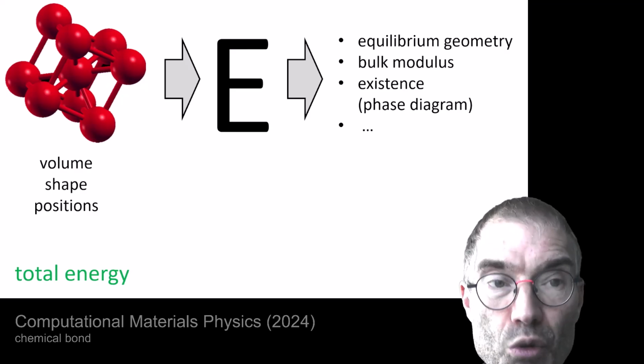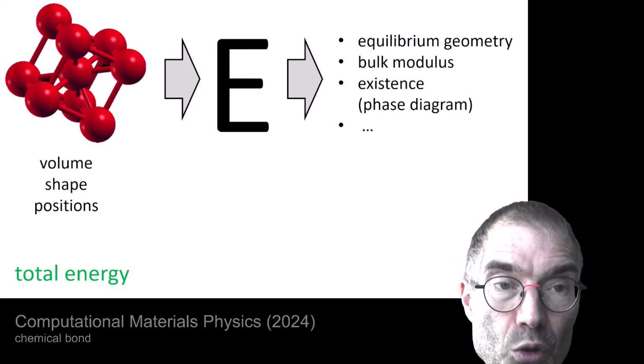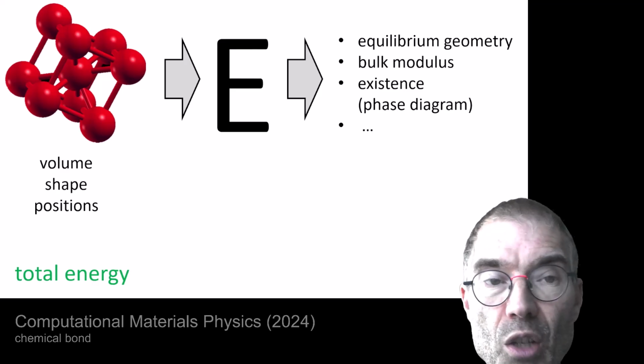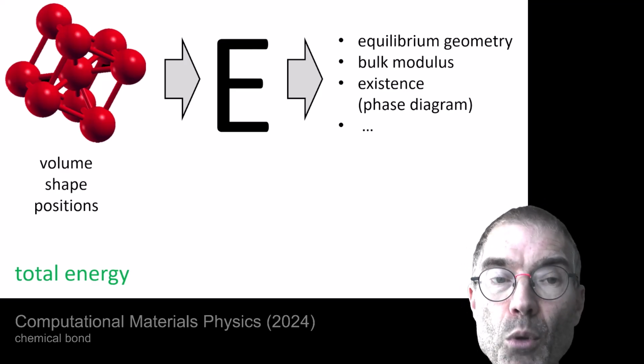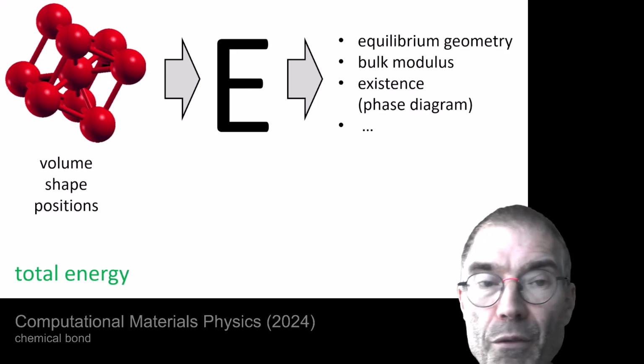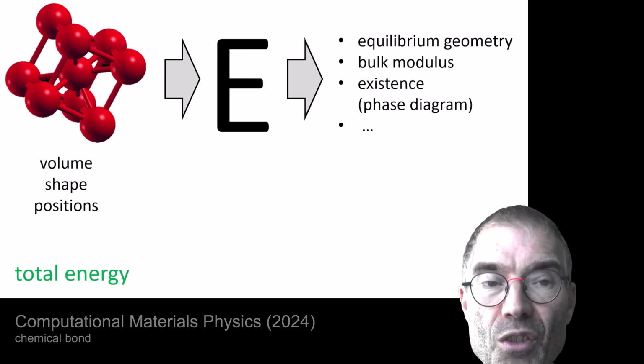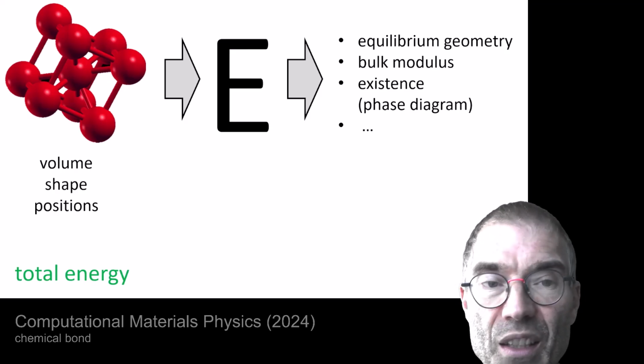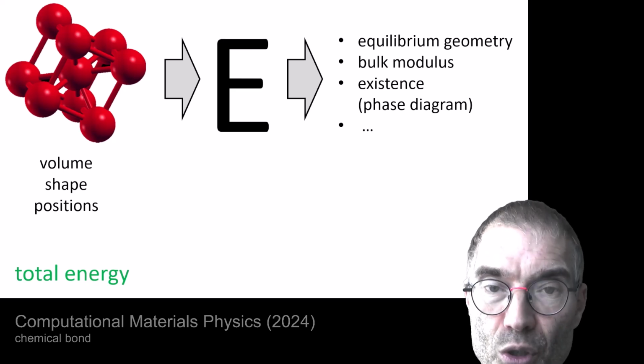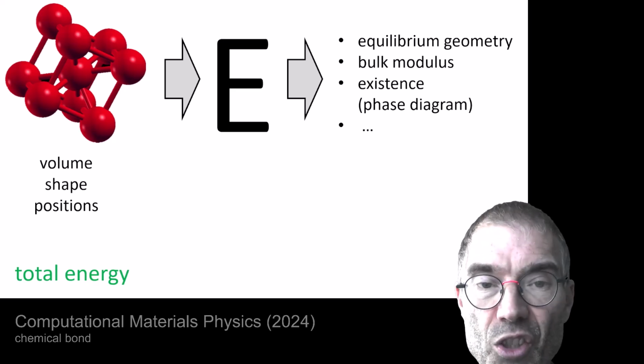How can we use that information? Well, we can use it to predict the equilibrium geometry, to predict some elastic moduli, to compose the phase diagram and make predictions about the existence of that particular crystal. All of that was possible based on total energy.